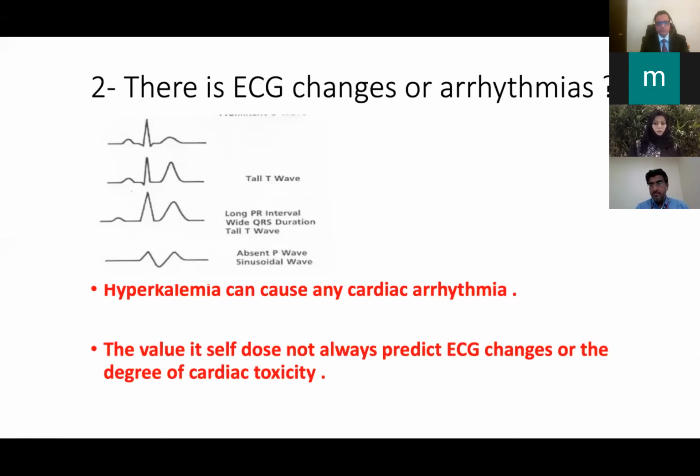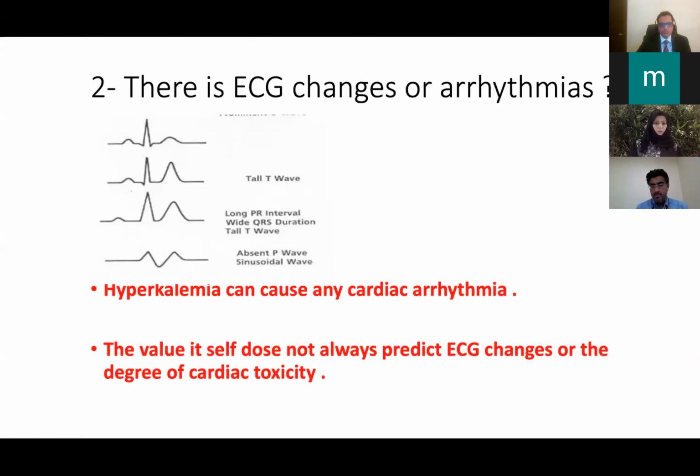This is for theory, from the pathophysiological part, but all the clinical evidence showed that hyperkalemia can cause any cardiac arrhythmias at any level, and the value itself does not always predict the ECG changes or the degree of cardiac toxicity.